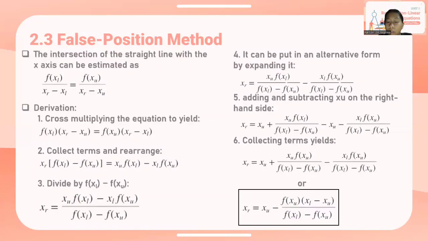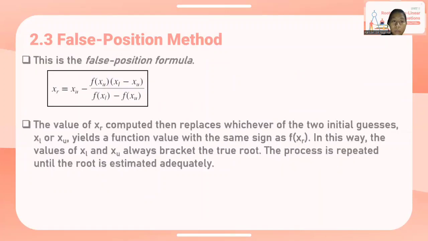Or we have xr equals xu minus f(xu) times (xl minus xu) over (f(xl) minus f(xu)). So this now is the false position formula.